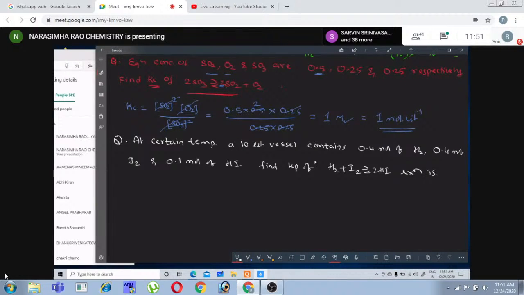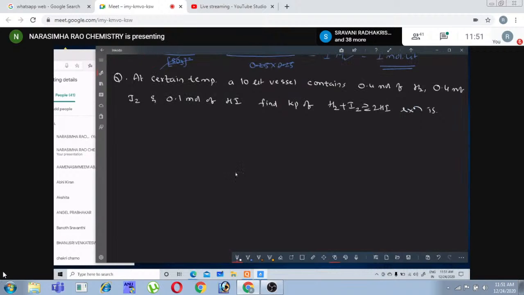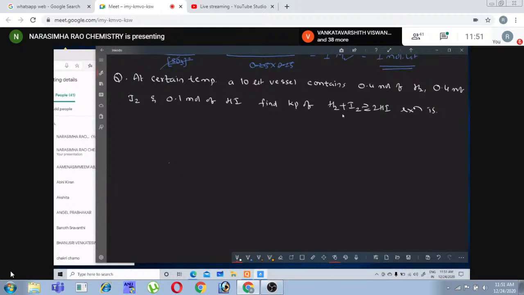0.0625. Okay, very good, ma'am. Has anybody solved the problem? The question is asking about the Kp value. For this reaction, delta n is equal to 0, so Kc is equal to Kp.